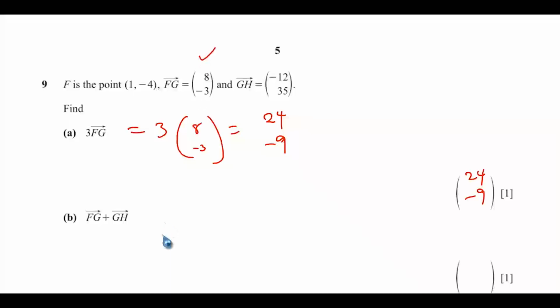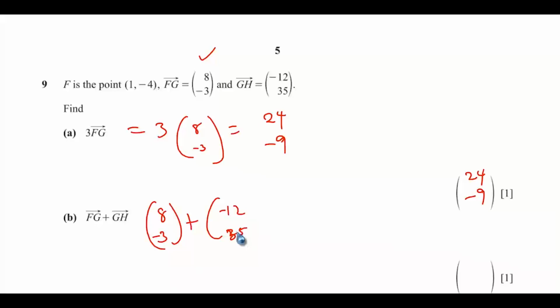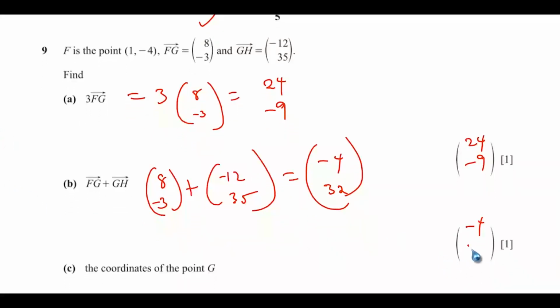This is FG, that is (8, -3), add GH, which is (-12, 35). If you add this to this, 8 add negative 12 will be negative 4, and minus 3 add 35 will be 32. So you have (-4, 32).